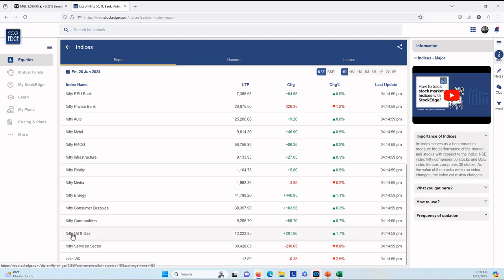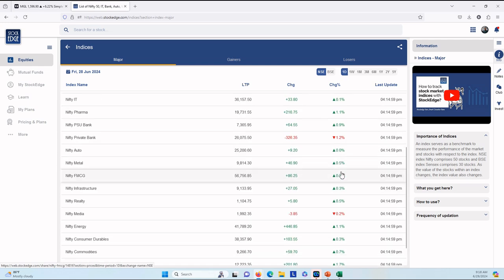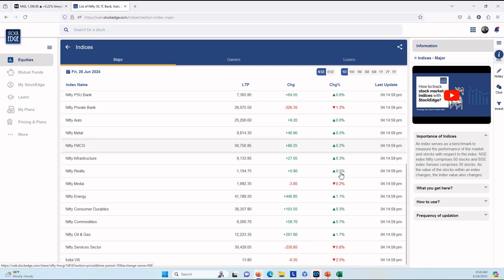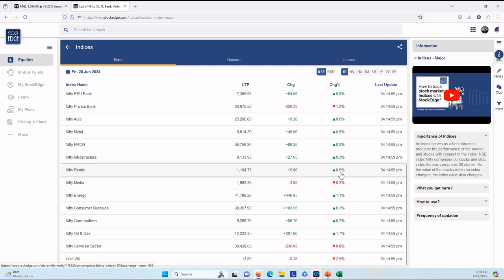If I see Nifty oil and gas, it's performing relatively good compared to others. So I prefer to go with a stock which is performing well, and even the sector is also performing well.